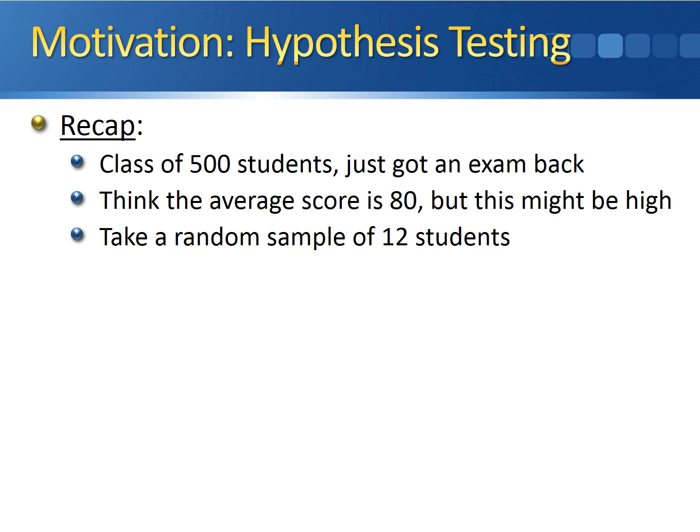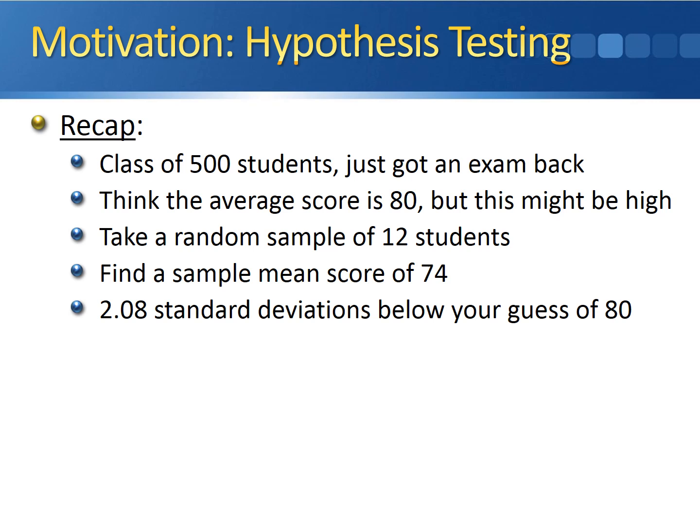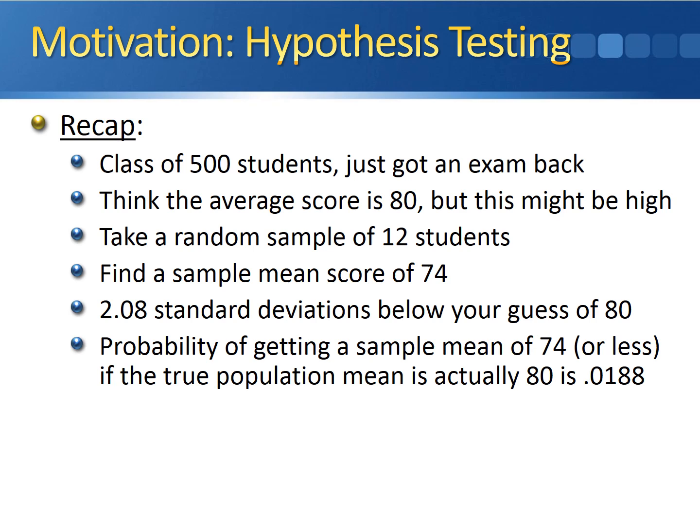You take a random sample of 12 students, and you find that the sample mean score of these 12 students was a 74. 74 was 2.08 standard deviations below your guess of 80. And so the probability that you would get a sample mean of 74 or less if the true population mean score in the class was actually equal to 80, that probability is 0.0188.